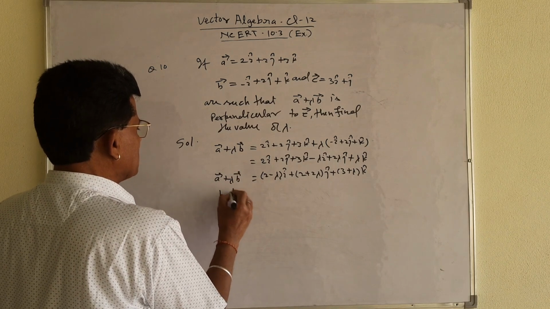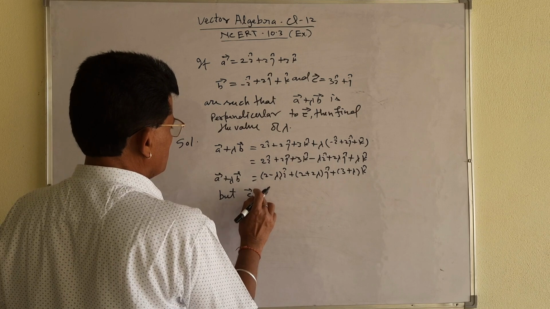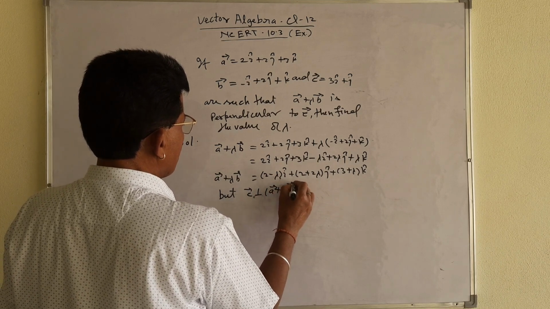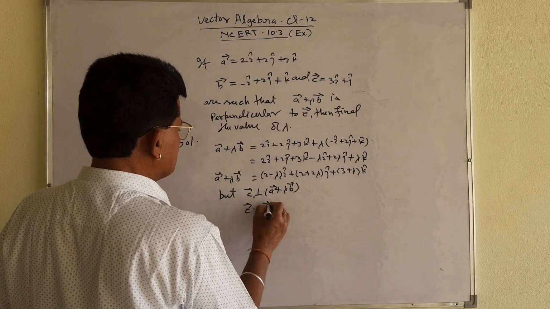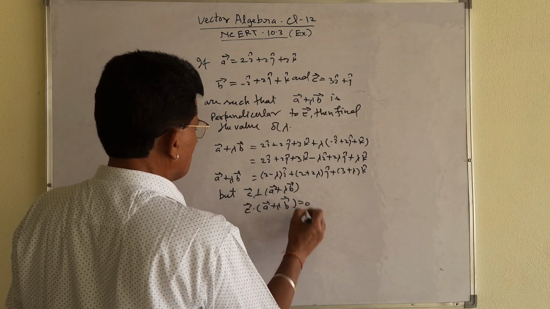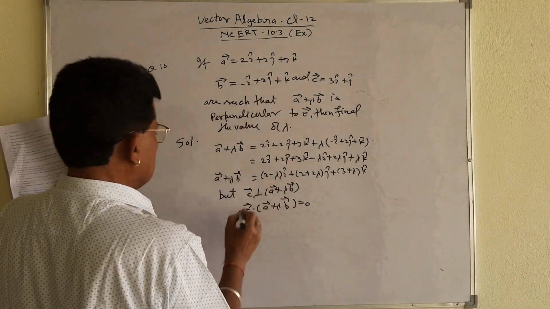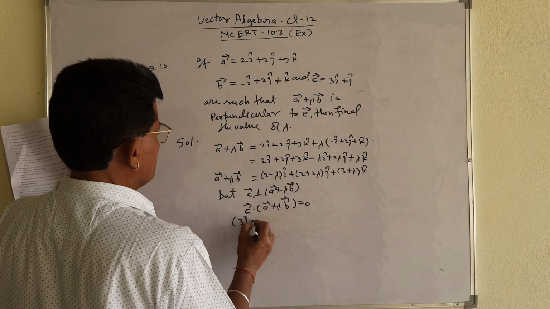But what is the given thing? Vector c is perpendicular to this vector. दोनों परपेंडिकुलर हैं तो क्या हो जाएगा भाई, डॉट प्रोडक्ट तो इसका 0 हो जाएगा. इसलिए मैंने पहले ही लैम्डा की वैल्यू निकाल दी. That dot product, वेक्टर c की वैल्यू पुट अप कर दीजिए भाई. c is 3i plus j.